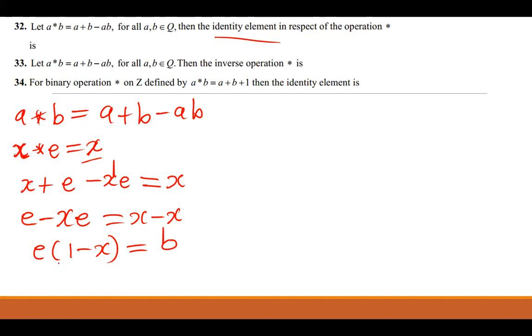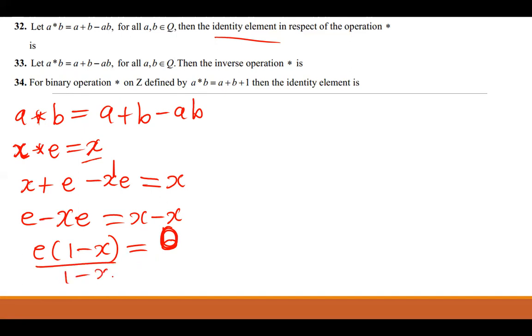So our identity element is going to be equal to E, which is equal to 0, everything divided by 1 minus X. Let me do this so that you see what I'm doing clearly.